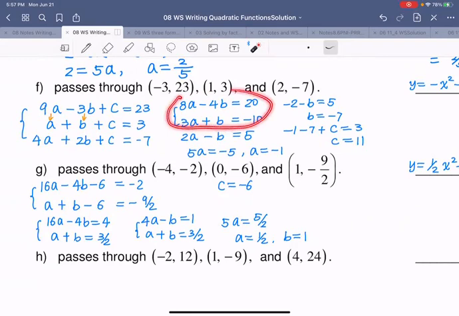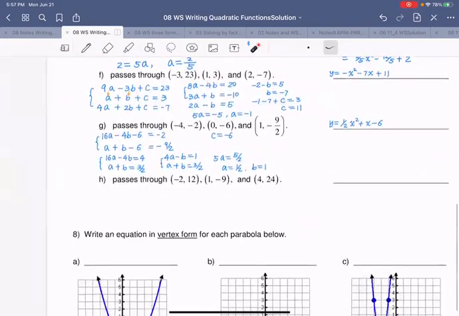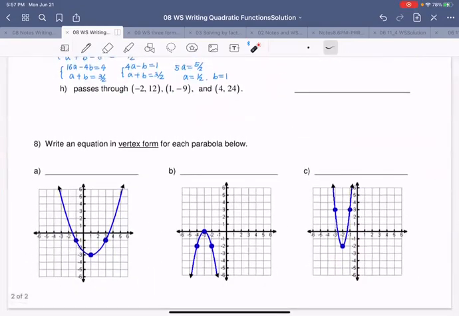I always ask students to simplify. Each term is divisible by 4, so divide each term by 4 and you can solve it easily. F, G, H are similar. You can handle it by yourself.